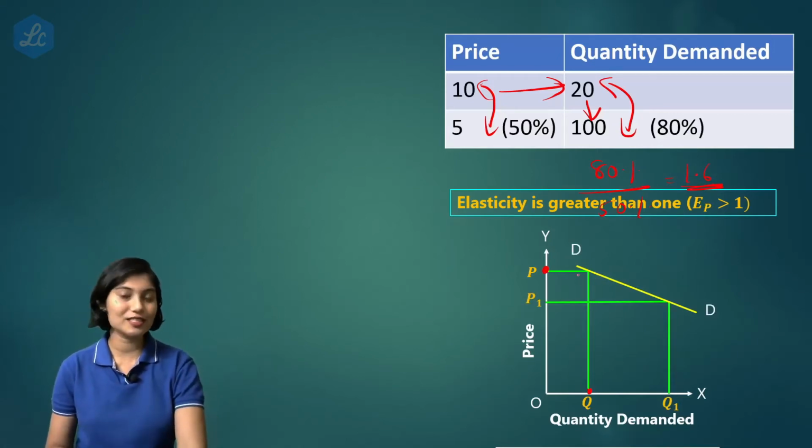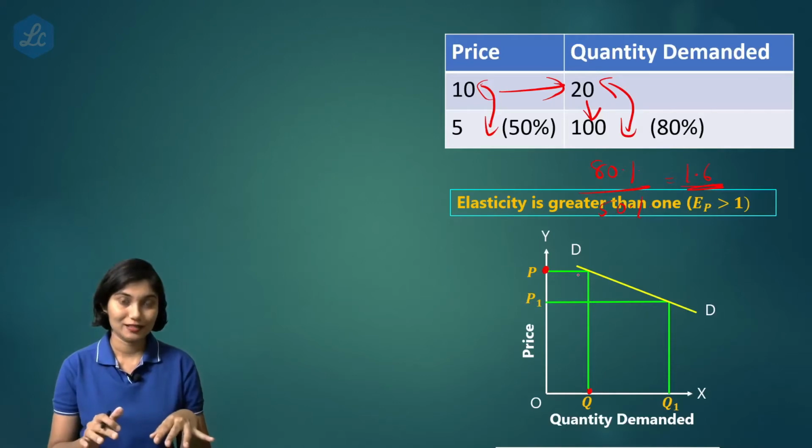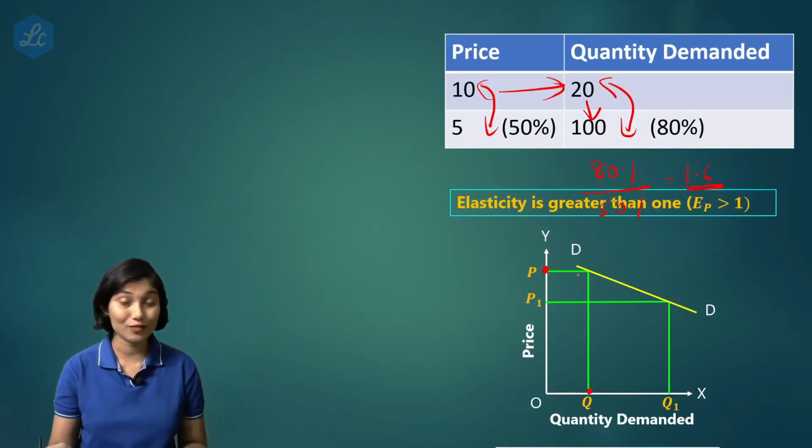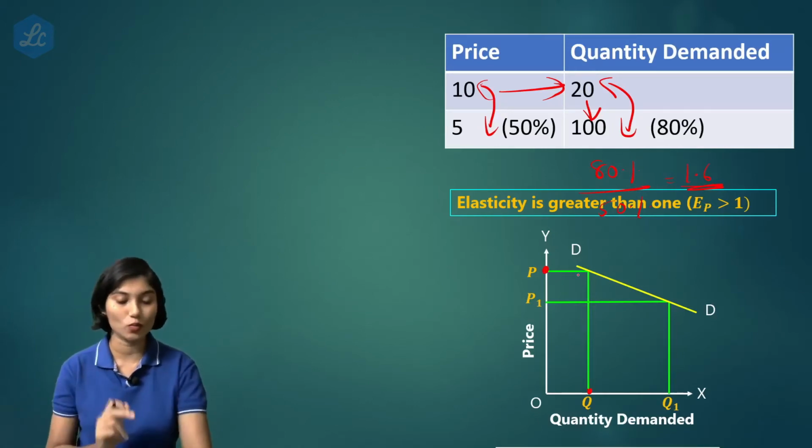This is the plotting on the graph when elasticity is greater than 1. You may get a question saying that if the demand curve is flattening, then EP is equal to 1, greater than 1, 0, less than 1, what is it? That's how you should understand it: it is going to be greater than 1.